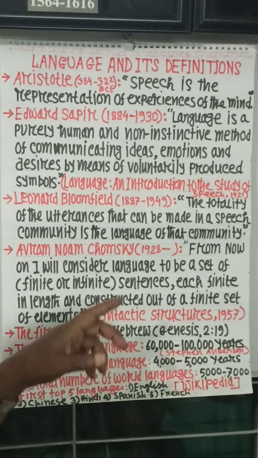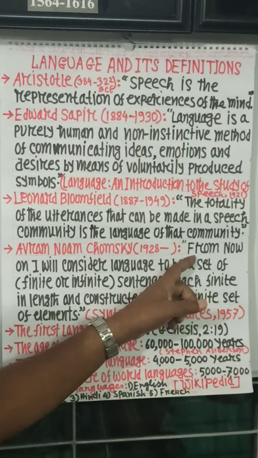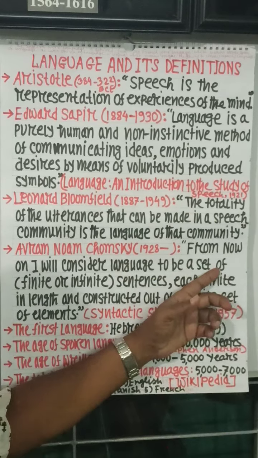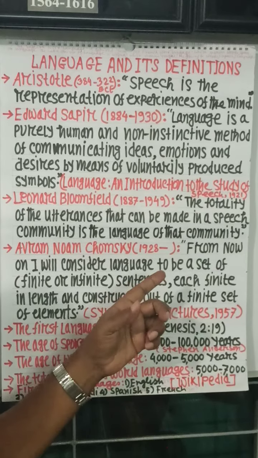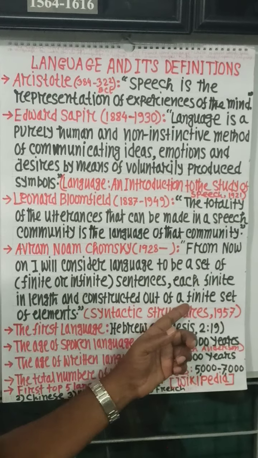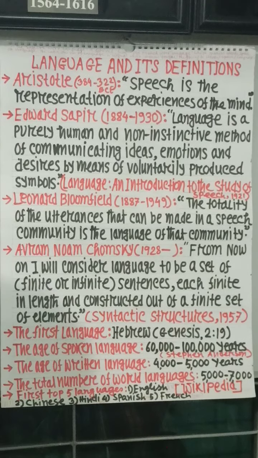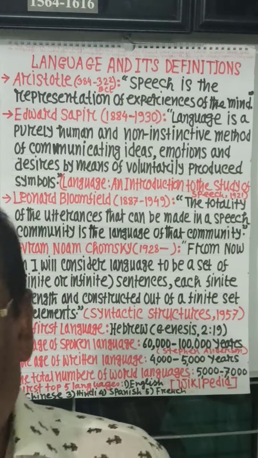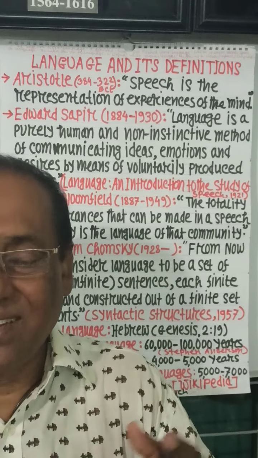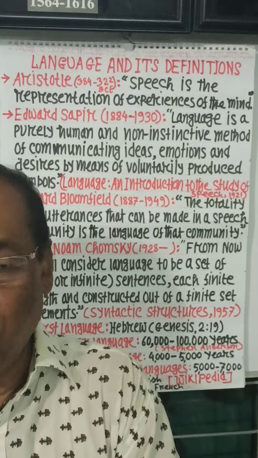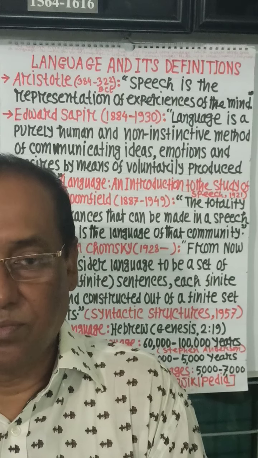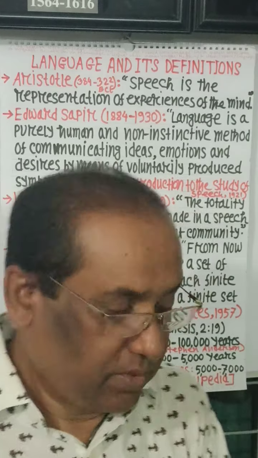According to him, he says that from now on, I will consider language to be a set of sentences, each finite in length and constructed out of a finite set of elements. Chomsky prioritizes sentences as the root and base of language. Right?